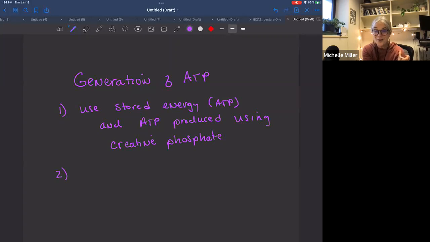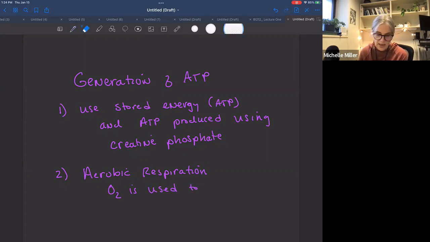We could also, if the activity is slow enough, like we're jogging or walking or we can breathe, use aerobic respiration. This means that we use oxygen to produce ATP efficiently.